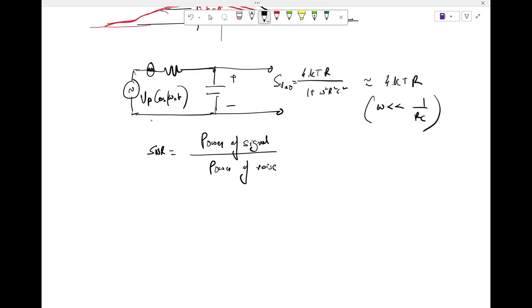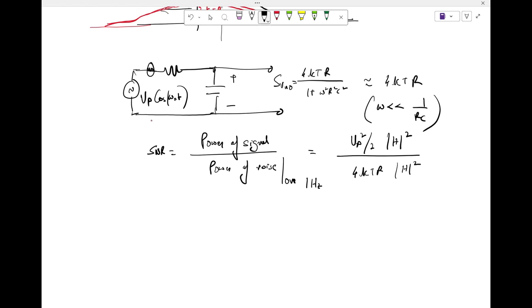One of the most common ways is to express it as power per hertz, especially for noise, power per unit bandwidth, so power of noise over 1 hertz. So essentially, the top becomes Vp squared over 2 times mod of H squared, by 4kTR times mod of H squared.